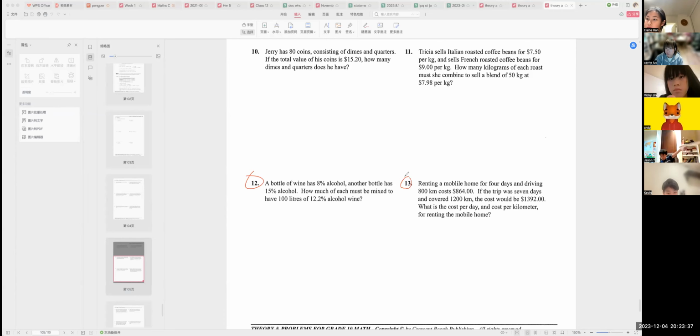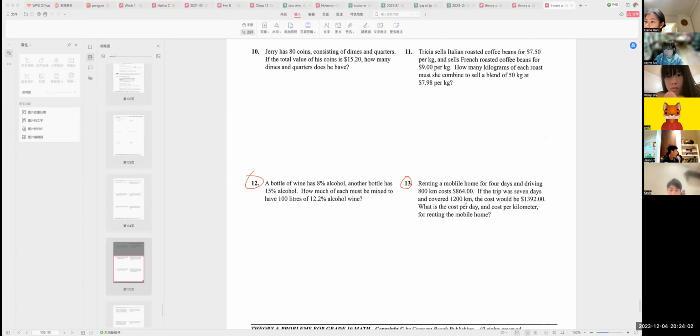Okay, so let's take a look at number 13. Renting a mobile home for 4 days and driving 800 kilometers costs $864. If the trip was 7 days and covers 1,200 kilometers, the cost would be $1,392. What is the cost per day, and what is the cost per kilometer for renting the mobile home?